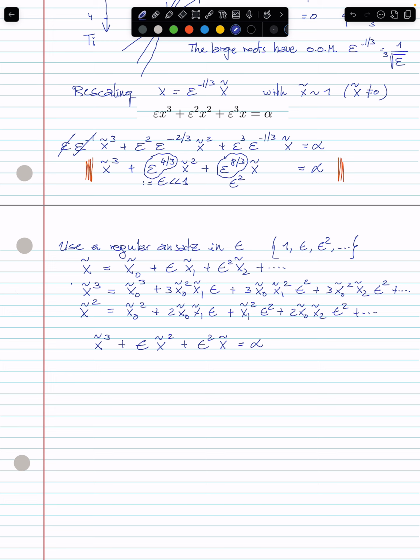So what we need to do is just copy paste what we have for x tilde to the third. All right, so x0 tilde to the third plus 3 x0 squared x1 tilde times epsilon plus we have 3 x0 x1 square, 3 x0 square x2 times epsilon square. Okay, that's for the first term.